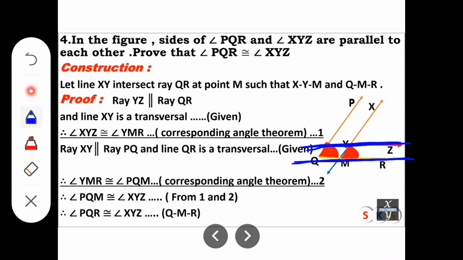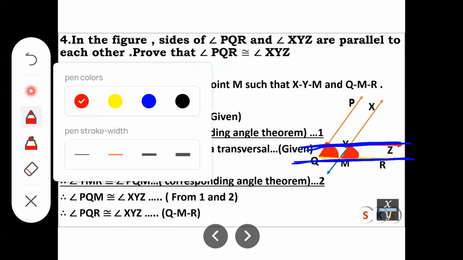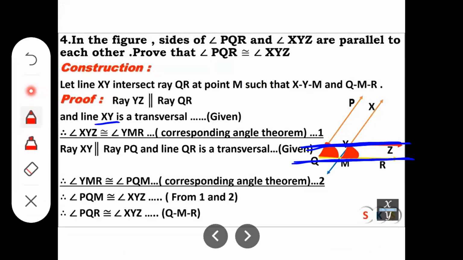Those are two parallel lines, and line XY is their transversal. So see, XY is the transversal.